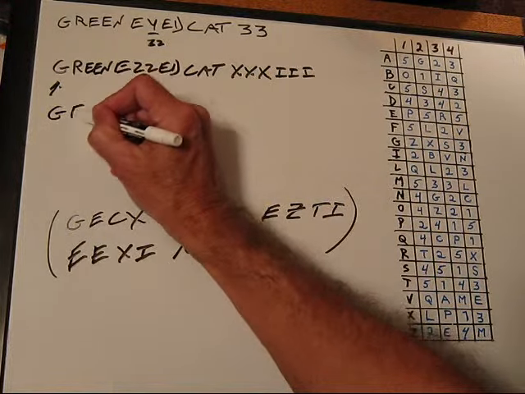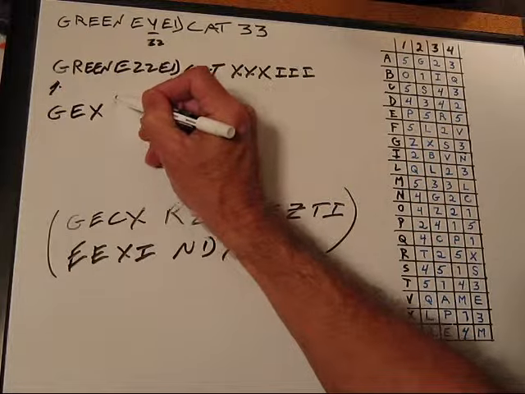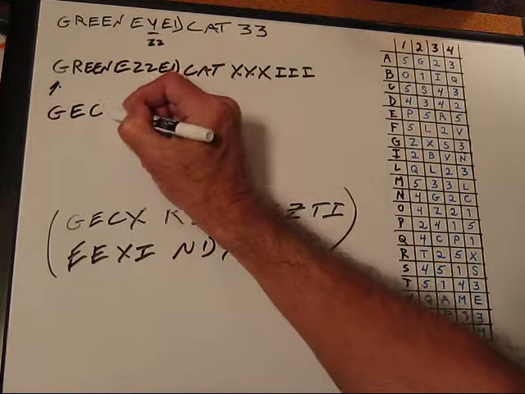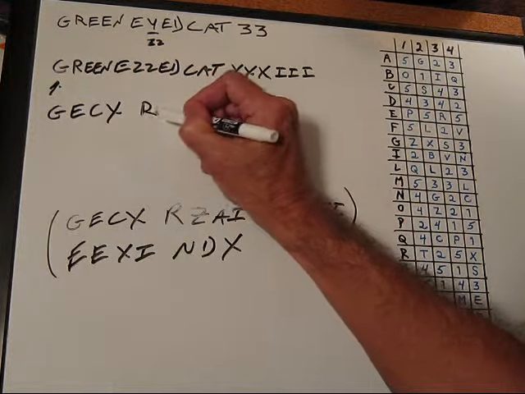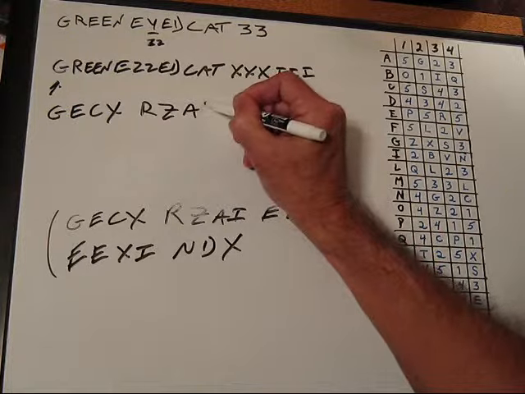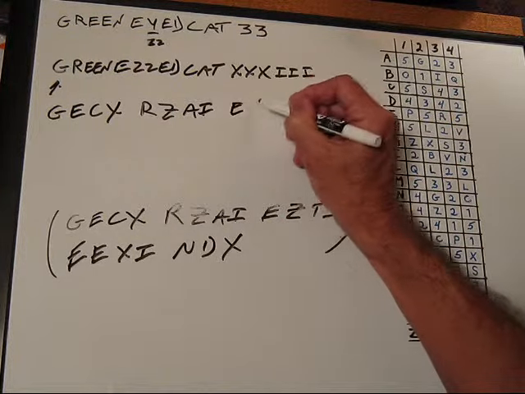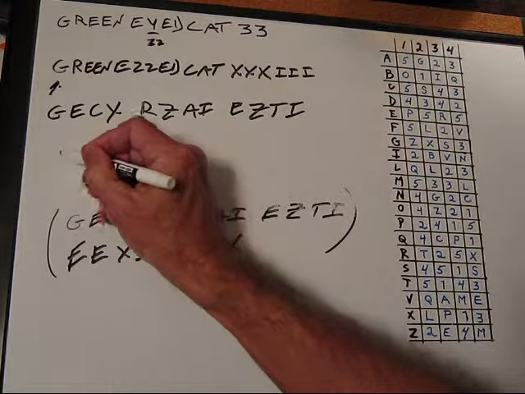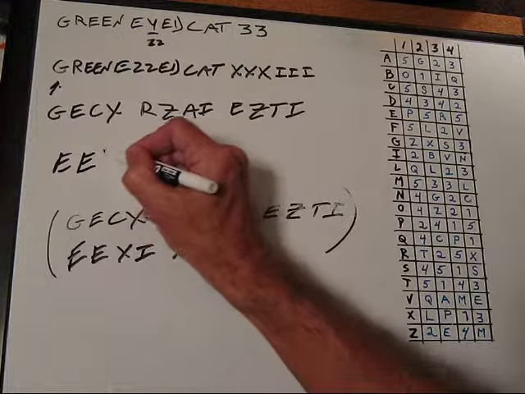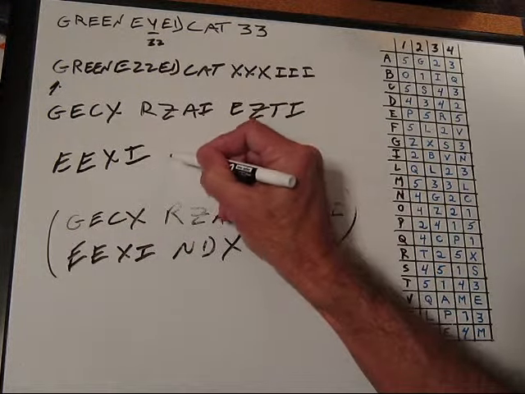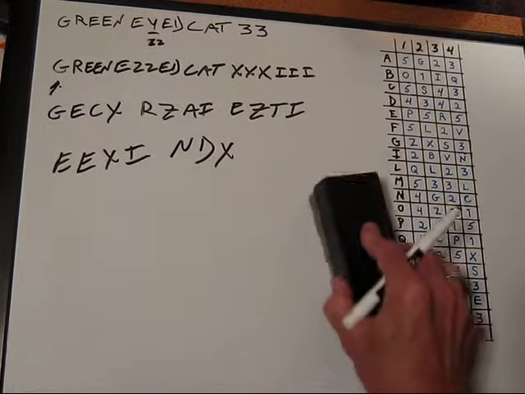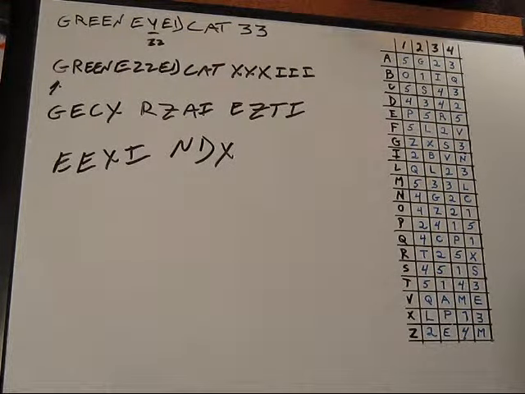G E C X, R Z A I, E Z T I, E E X I and N D X. So now we have to do the injection of the rotational commands.